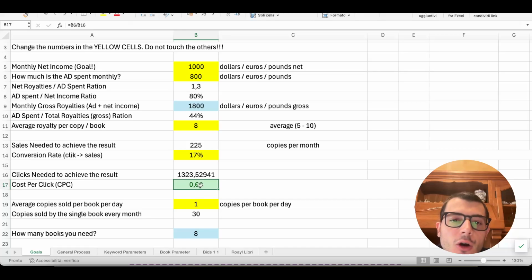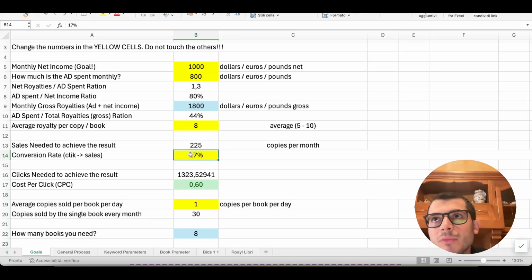So you can outbid your actual competitors, because they will try to pay 0.5 per click while you will bid 0.6. Of course, the conversion rate is generally about the cover, the subtitle, the A plus contents, the description, wherever it is.